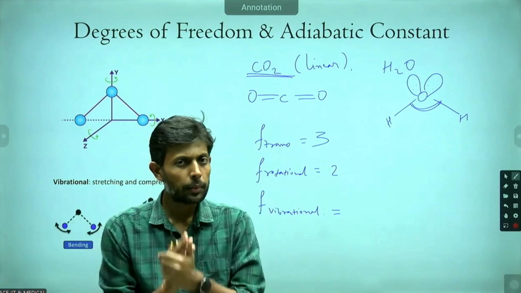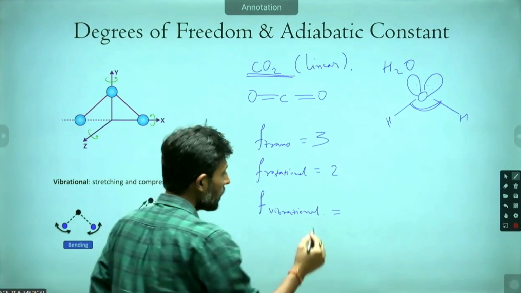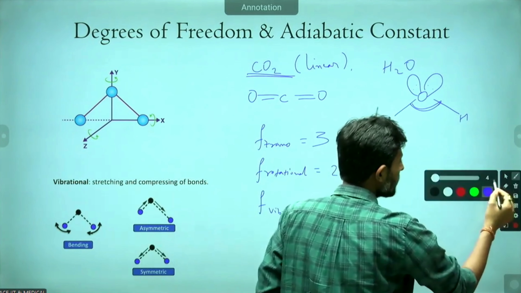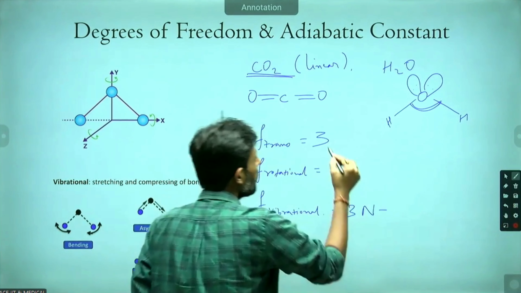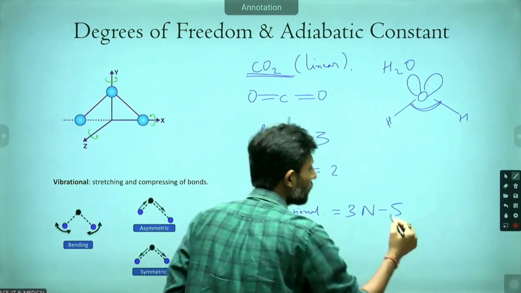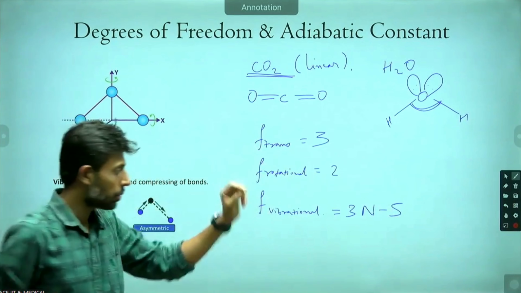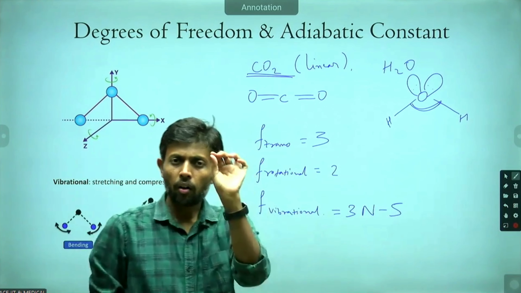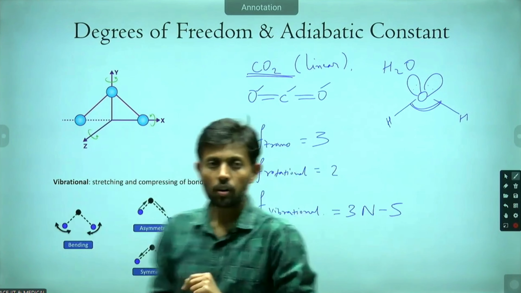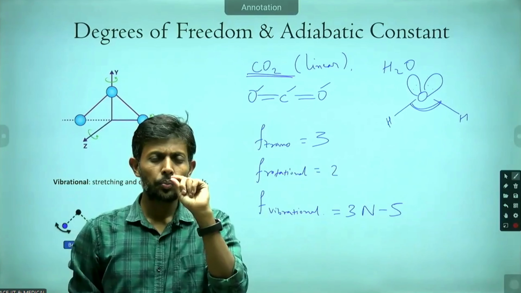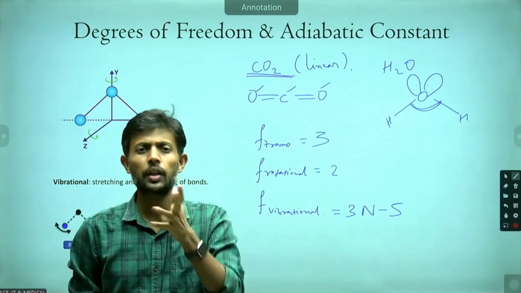Let's now talk about the vibrational degrees of freedom. Vibrational degree of freedom is given by the formula 3n minus 3 plus 2, which is 5 for a linear triatomic molecule. 3n because all the three atoms, this oxygen, this carbon, and this oxygen, are free to move in 3 dimensions.